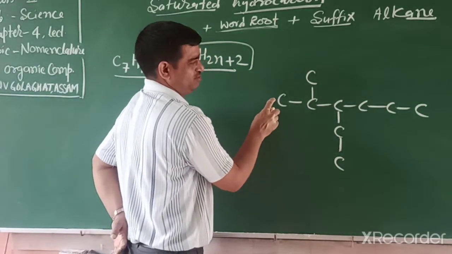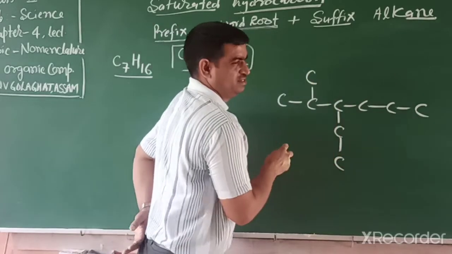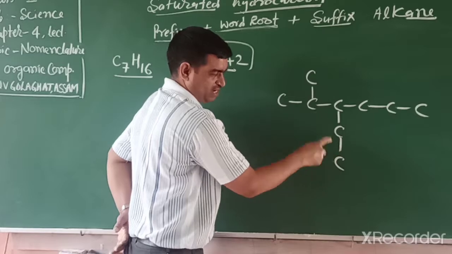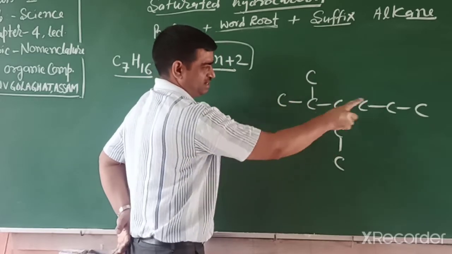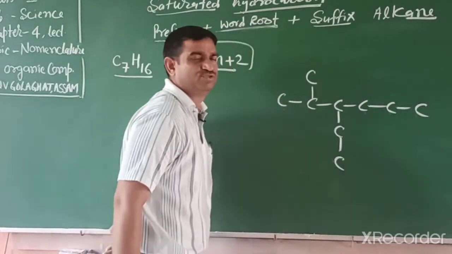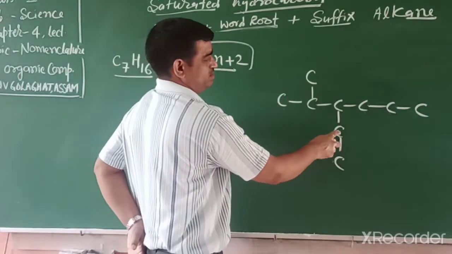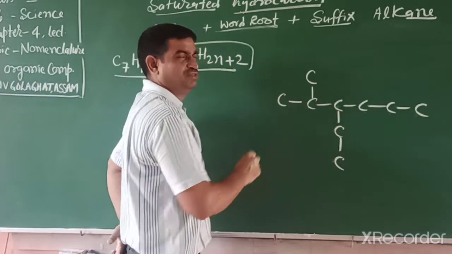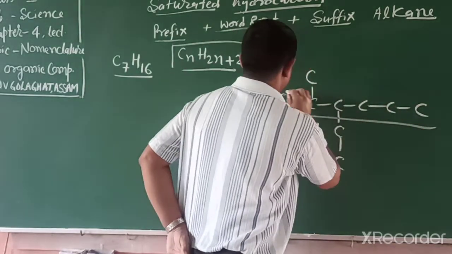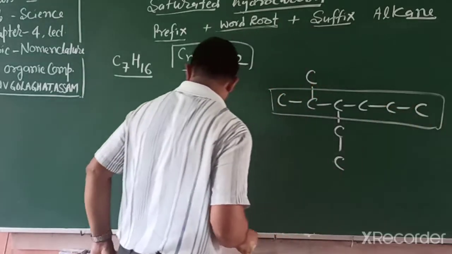You can start from these 4 points. If you start from this side, 1, 2, 3, 4, 5. If I start that side, 1, 2, 3, 4, 5, 6. So that side 6. This side 5. So this one is the longest chain, means main chain.